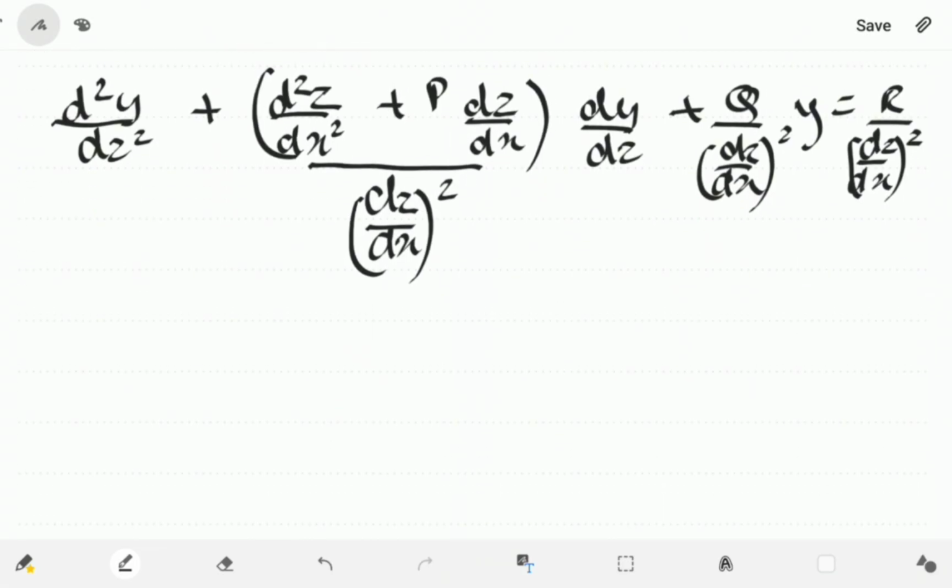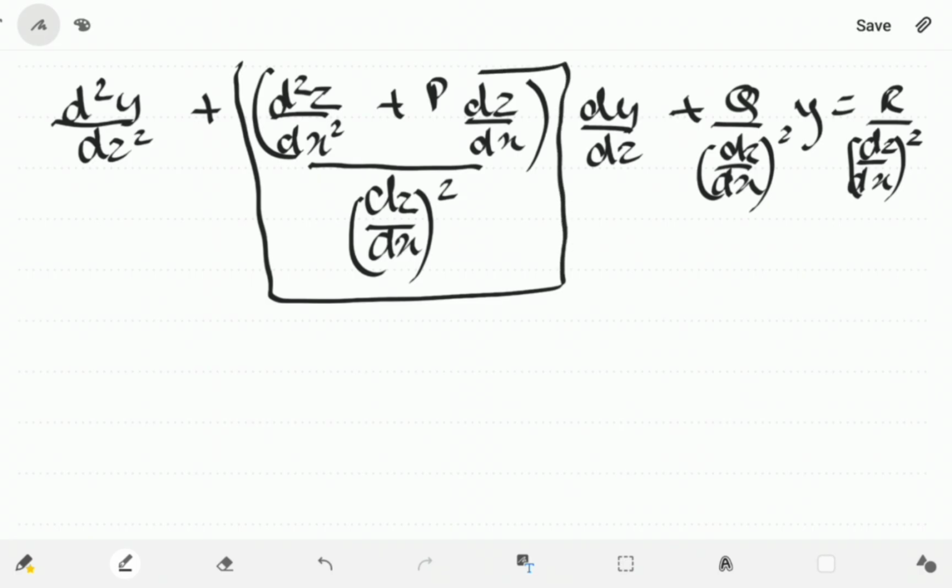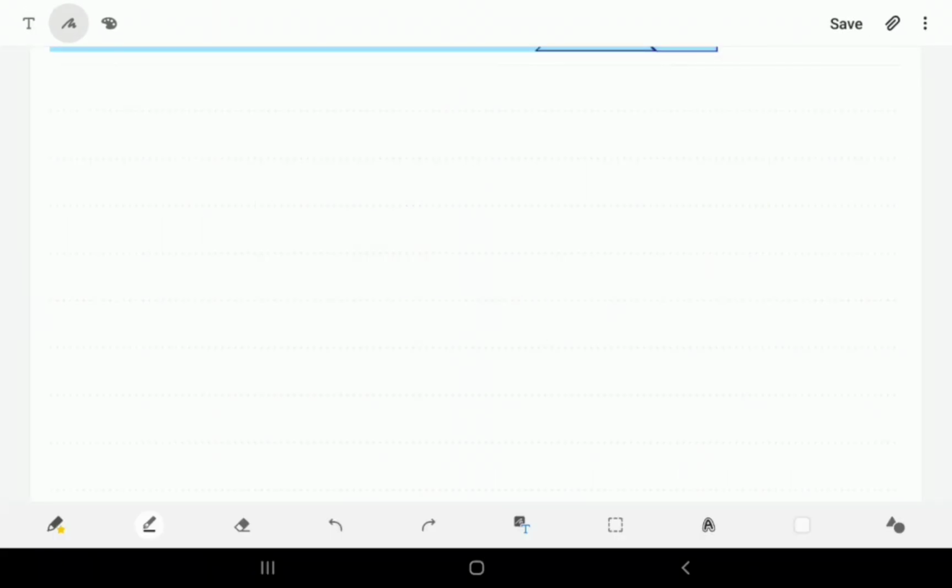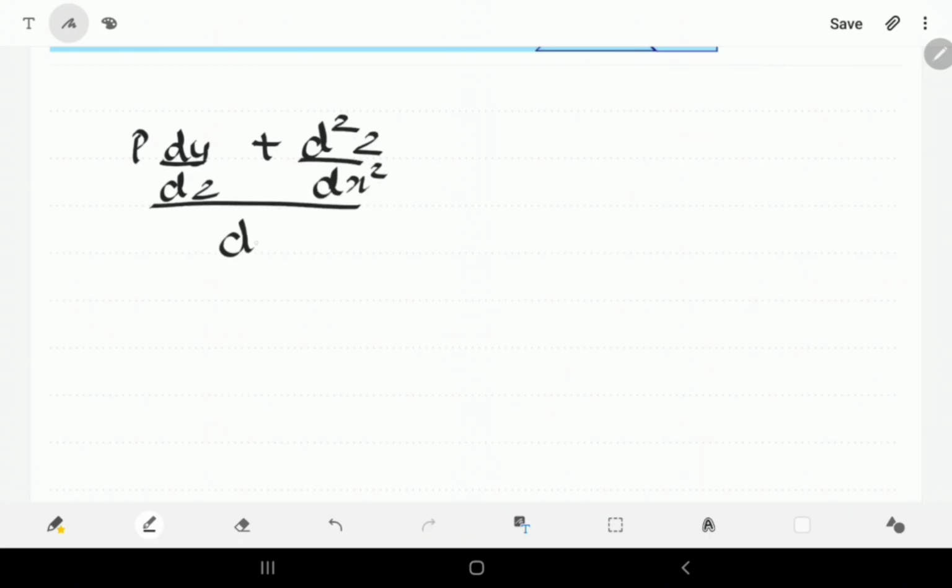In order to simplify the equation, our aim is to choose a function z such that it eliminates the coefficient of the first order derivative. So this entire term here, we want to equate to 0. To find such a function z, we take the coefficient of the first order derivative and equate it to 0, which is d squared z by dx squared plus p into dz by dx, the whole divided by dz by dx the whole squared, is equal to 0.